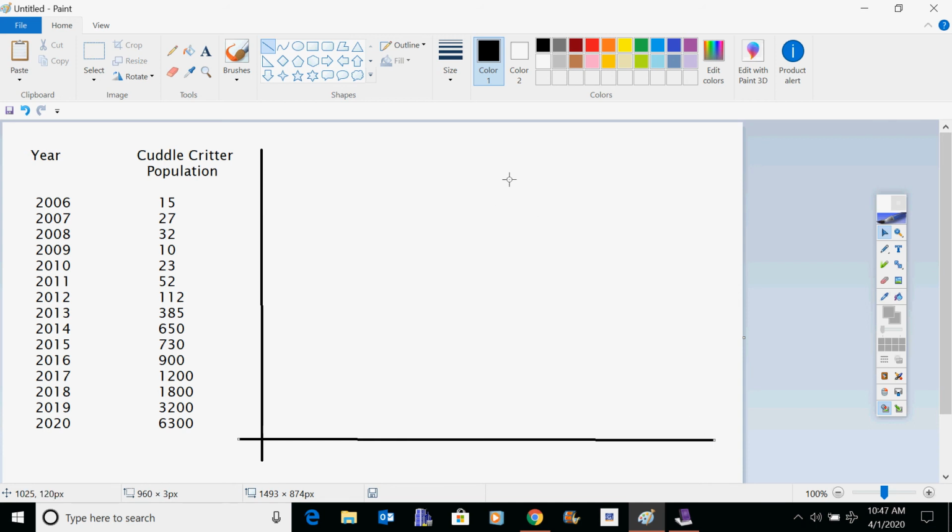So here we go. And we're going to make a scatter plot. So you need to, of course, put in your labels. So we're going to make this a year versus cuddle critter population graph. This will be hard to turn sideways, but let me just do this.